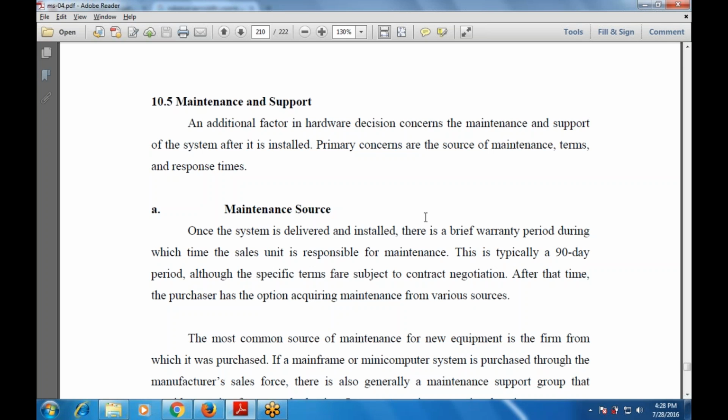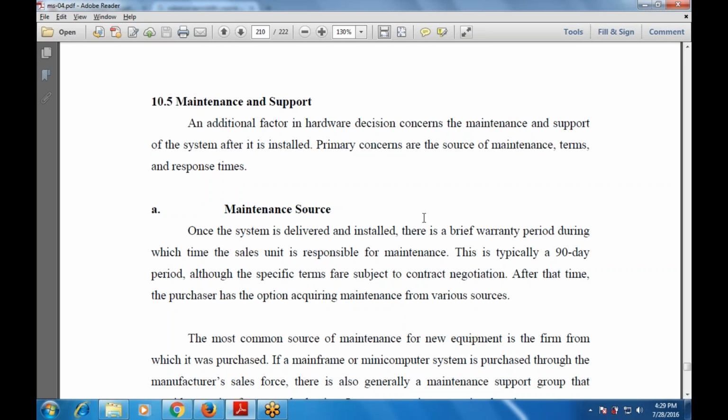What are the various maintenance terms, and what are the various response times that are required? The first one is the maintenance source. Once the system is delivered and installed, there is a brief warranty period during which the sales unit is responsible for maintenance, and this is typically a 90-day period.